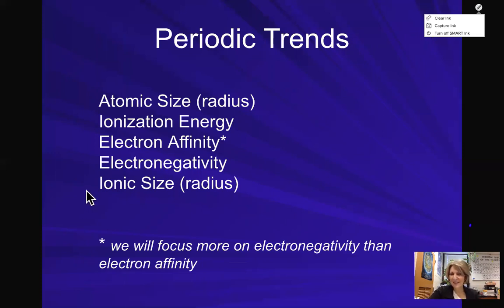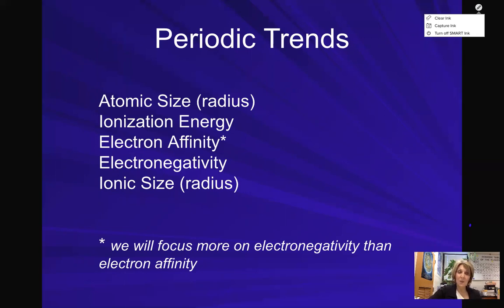So atomic size is the atomic radius. It's the same thing. It is literally a measurement of the size of the atom from the center of the nucleus out to the outer electron cloud where those outer electrons should be. That measurement is the atomic size, or what we call the atomic radius.